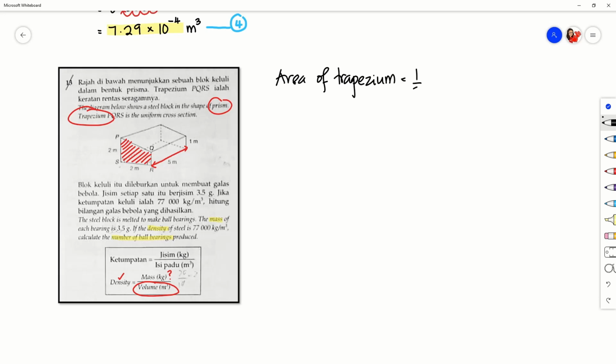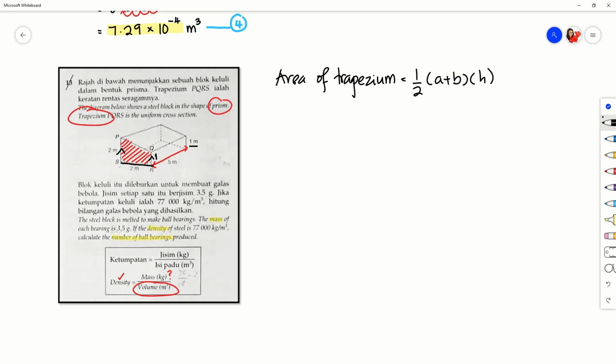is half times the sum of parallel lines, which is this one here. This is your parallel line, the 2 meters and the 1 meter over here, because this is 1 meter, so this is also 1 meter, and times with the height of the trapezium. So the height of the trapezium is this line over here.